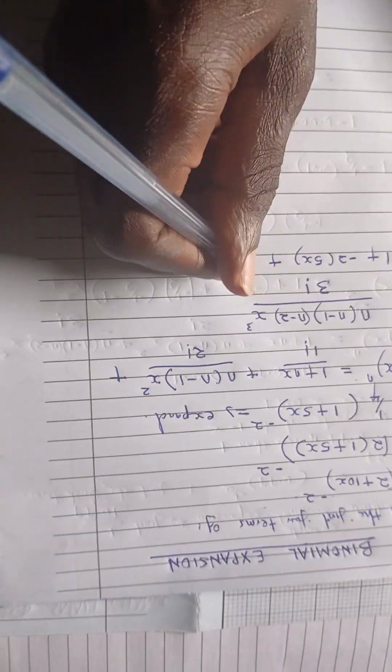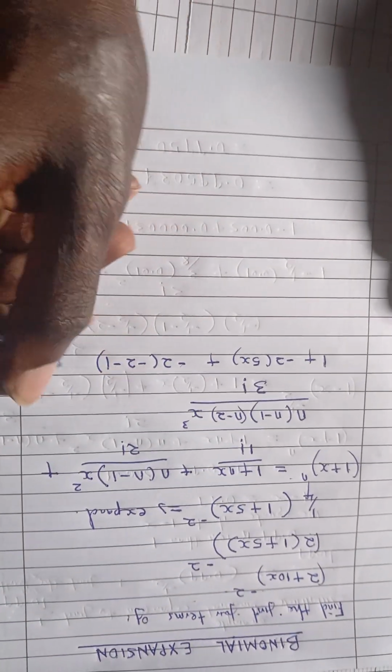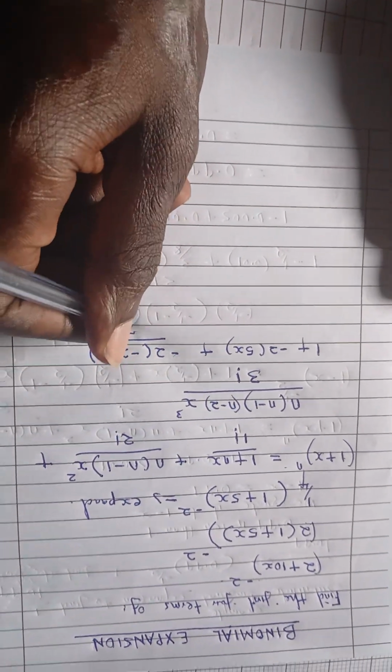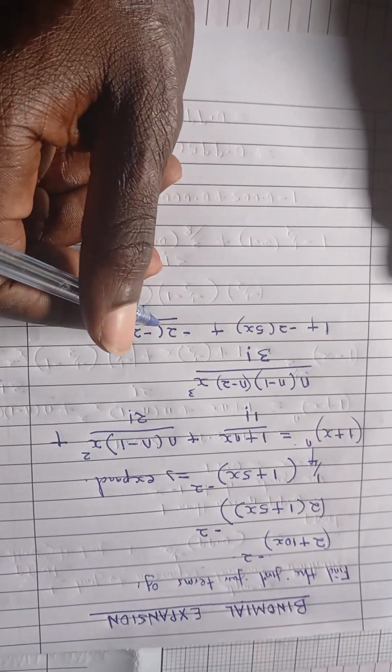plus negative 2 into negative 2 minus 1 over 2 factorial. 2 factorial is the same as 2 times 1.